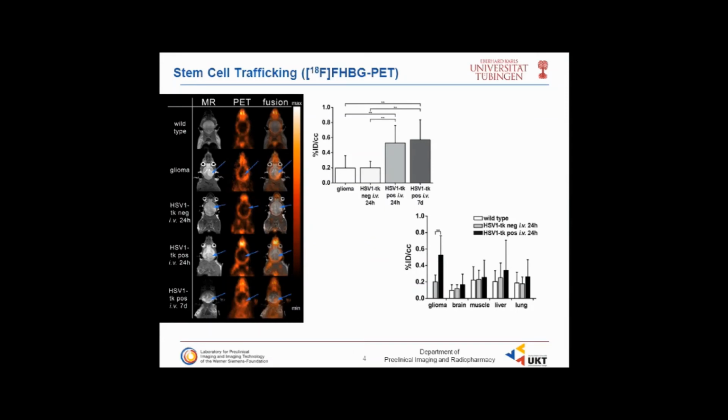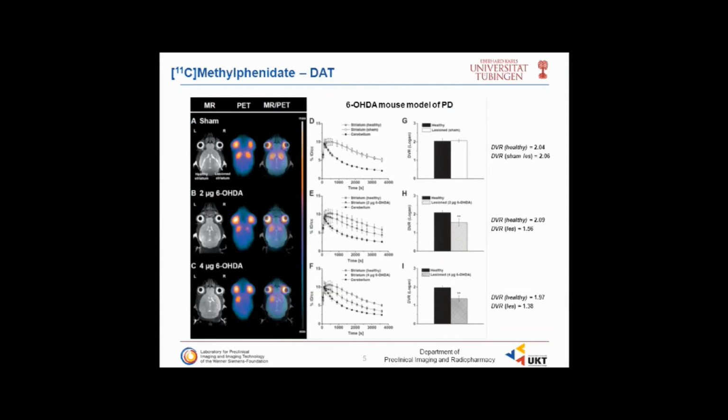So 3 times more stem cells actually reached the tumor over here in the positive, in the transduced TK expression stem cells, than over here in the control stem cells. So this means just by visual inspection, you have most of the time a very hard time to really get the information you need, and therefore you need to go in and make a quantification by drawing regions of interest, and the best thing is really to have anatomical underlying information.